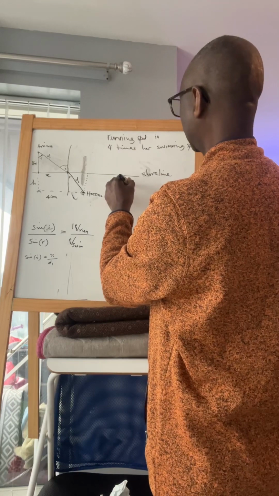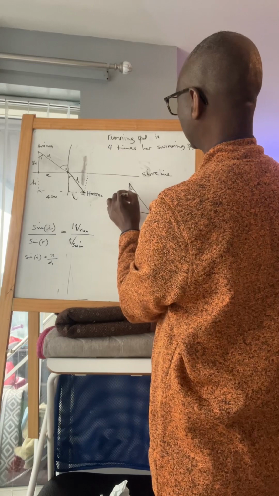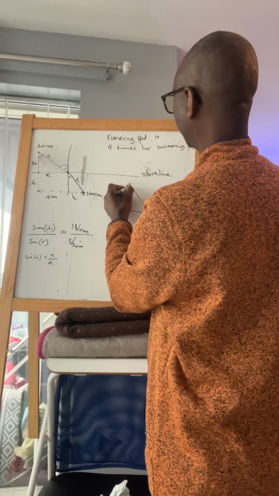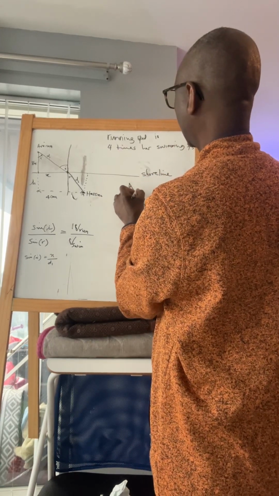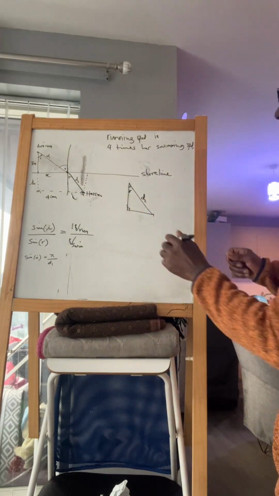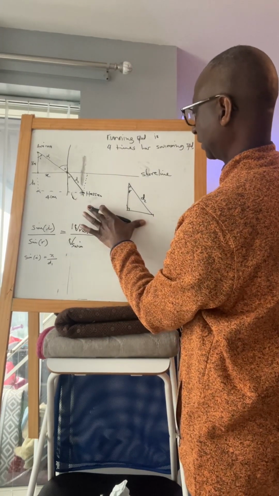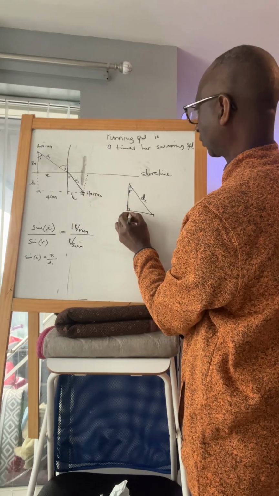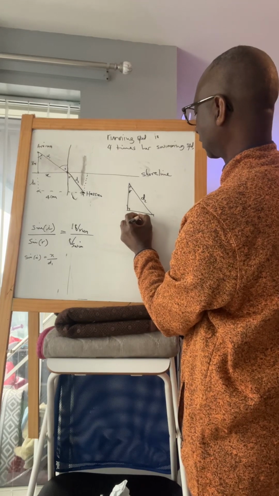It has an angle R here, and the hypotenuse is D2. But then we don't know this side. We know the whole length is 40, so this one is going to be 40 minus x.